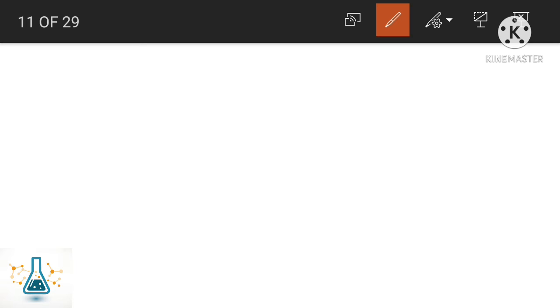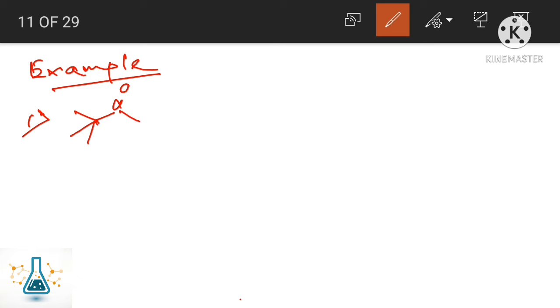Okay, now let us see some examples. Example number 1, if we take this type of compound in presence of basic medium, what type of compound will we get after aldol reaction?